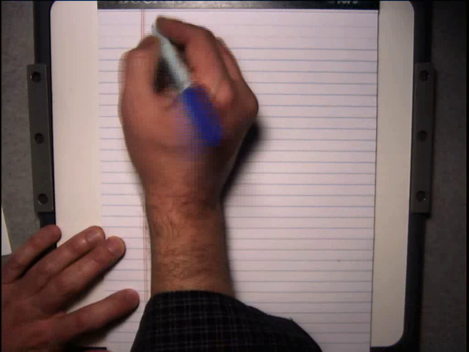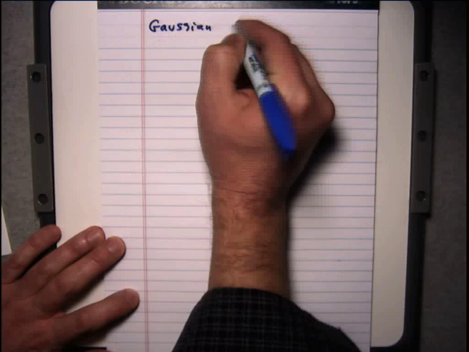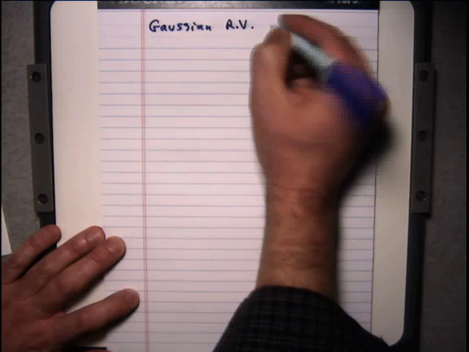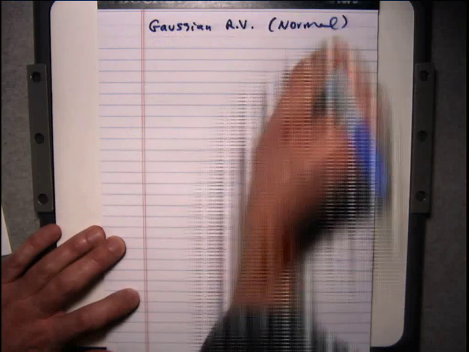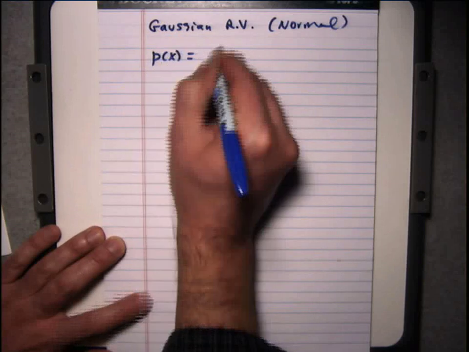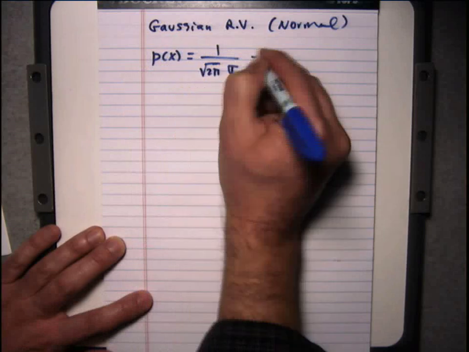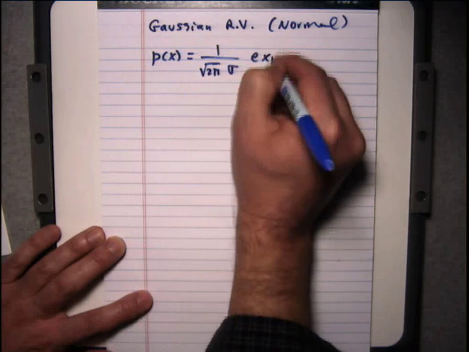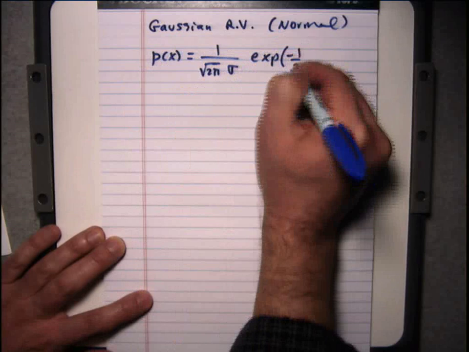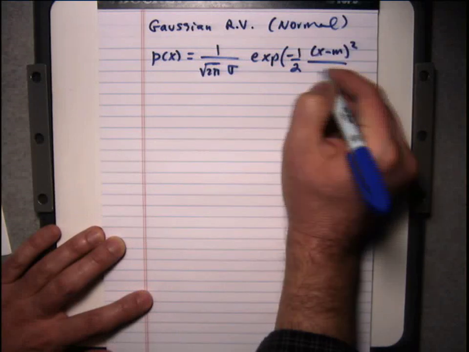One of them is the Gaussian random variable. It's also called the normal random variable. The probability density function for that is 1 over square root of 2 pi sigma, the exponential of minus 1/2 x minus m squared divided by sigma squared.